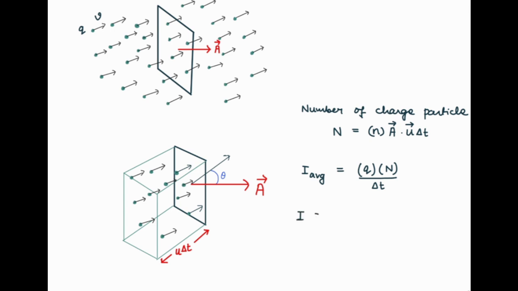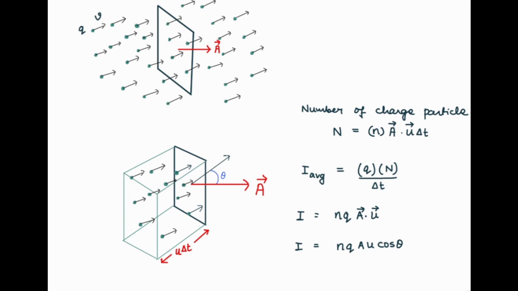So the average value of current will turn out to be I equal to n q A dot u, or we can also write it as I equal to n q A u cos theta, where theta is the angle between the A vector and the u vector.